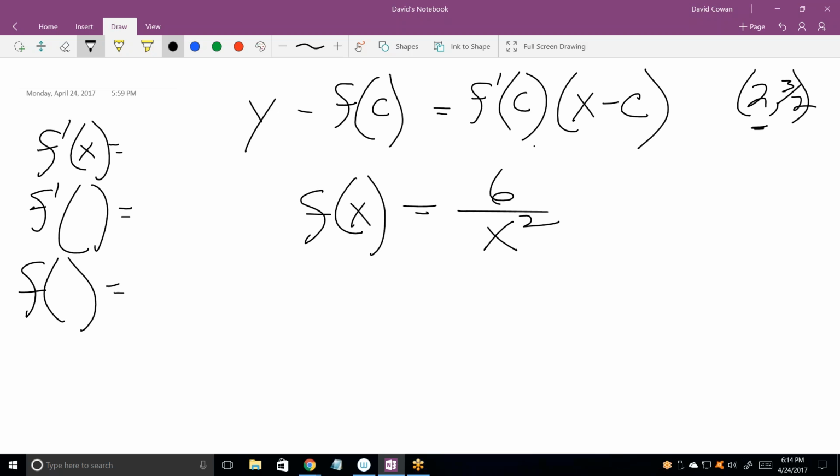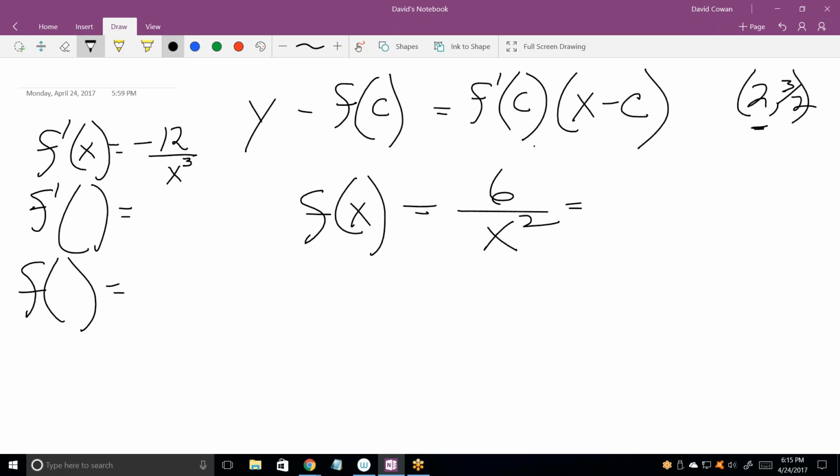So let's fill in these things over here on the left. First of all, tell me what f prime of x is. So it would be a negative 6 times 2x over x to the fourth. Here's the way we're going to do it.